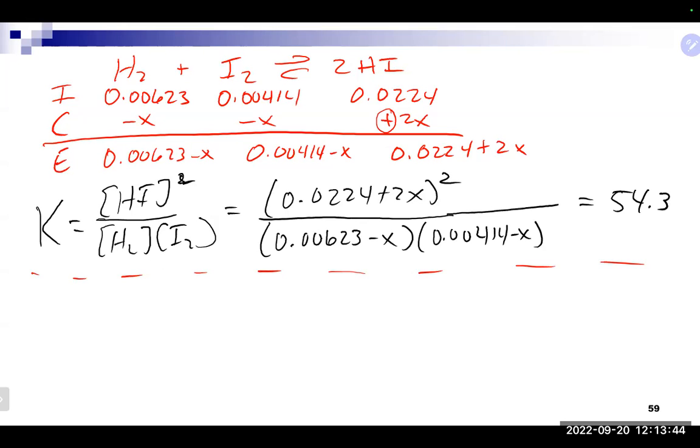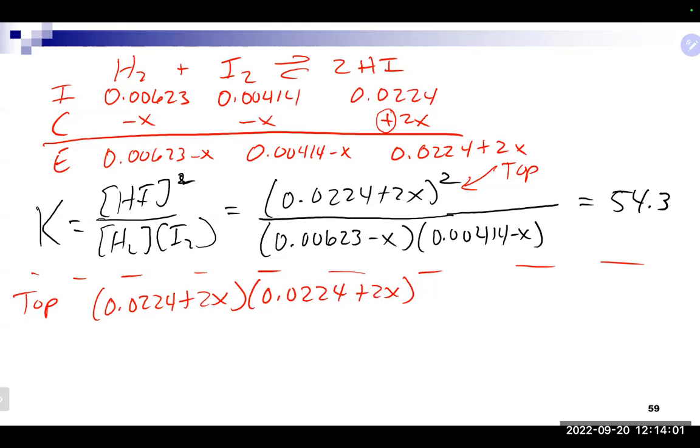I think I'll start with the top part here, and by top, I mean that right there. So we're going to take 0.0224 plus 2x and multiply it by itself, in and out on both sides.